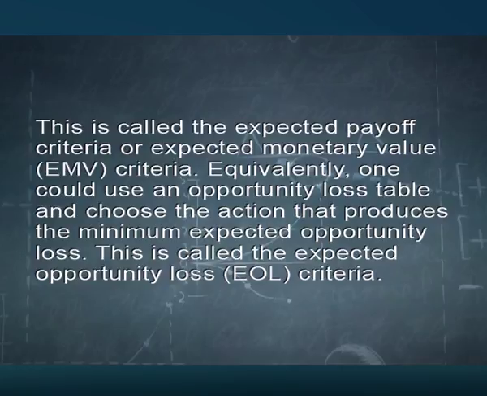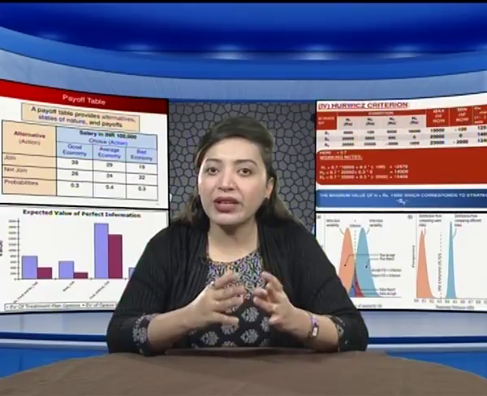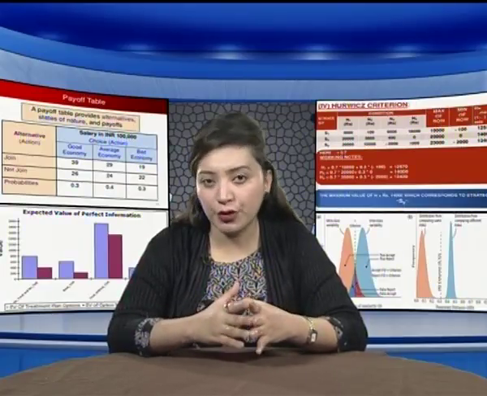This is called the expected payoff criterion or expected monetary value, EMV, criterion. Equivalently, one could use an opportunity loss table and choose the action that produces the minimum expected opportunity loss. This is called the expected opportunity loss, or EOL, criterion. It can be shown that both criteria lead to the same solution.